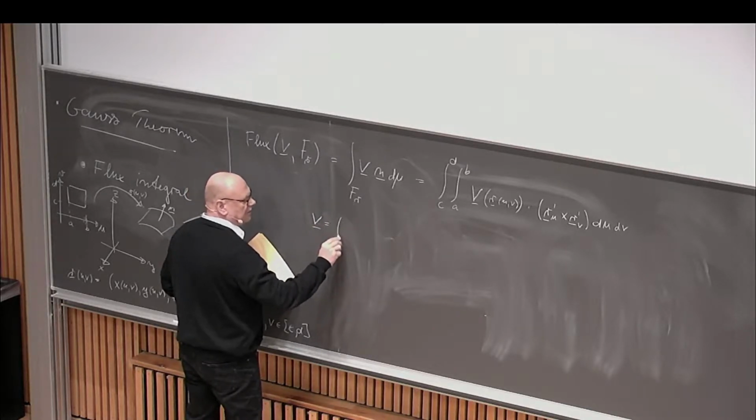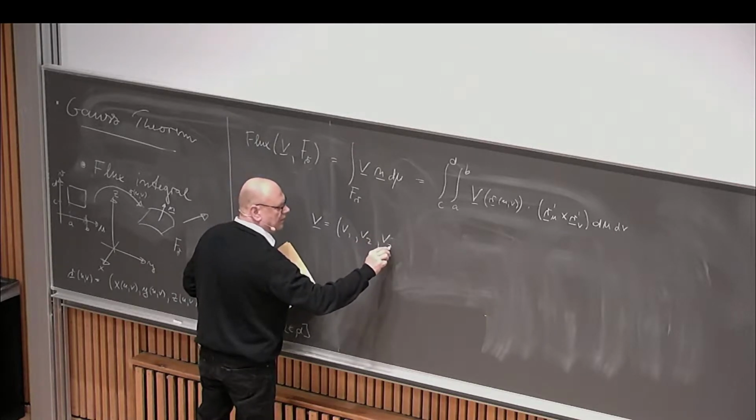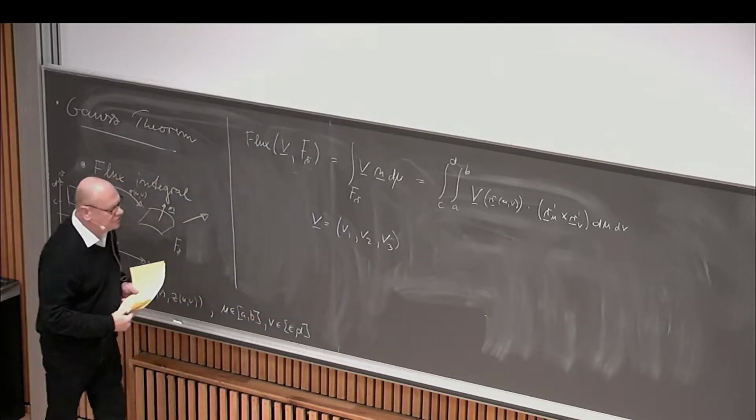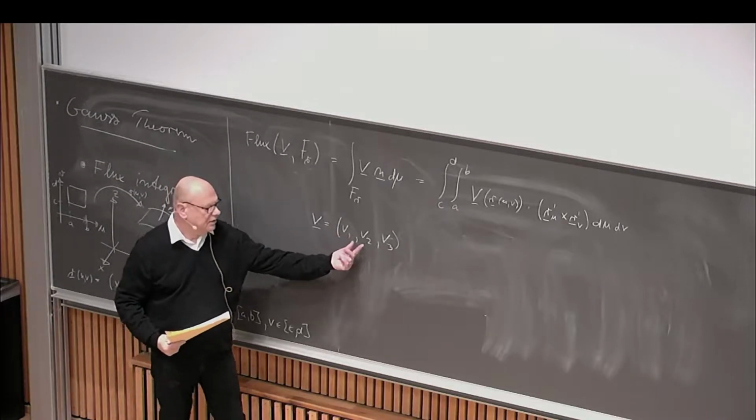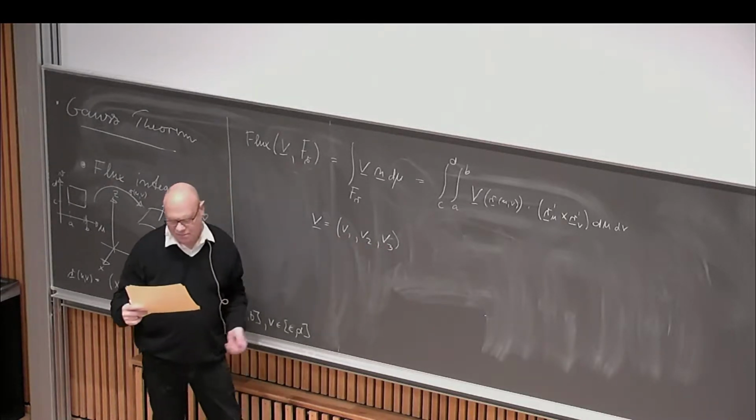The vector field is given by these three functions, and each of these are functions of three variables, x, y, and z.